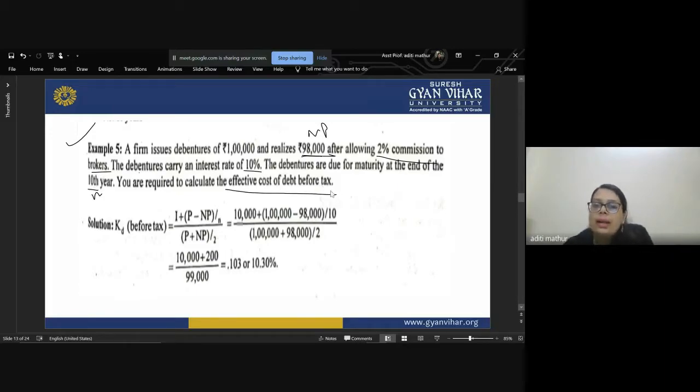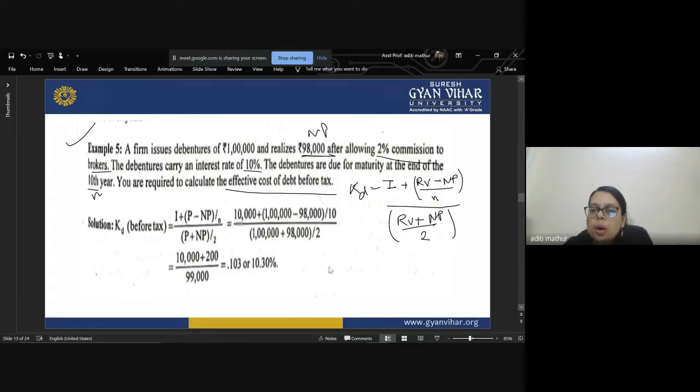So what is the formula? The formula for the KD is equal to I plus redeemable value minus net proceed divided by N, whole divided by redeemable value plus net proceed divided by 2.